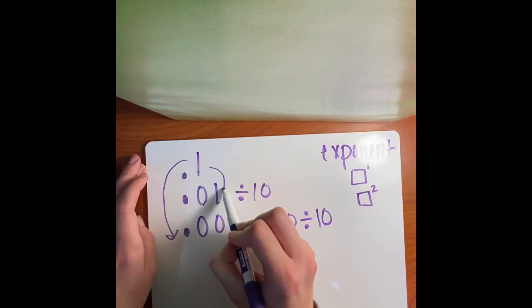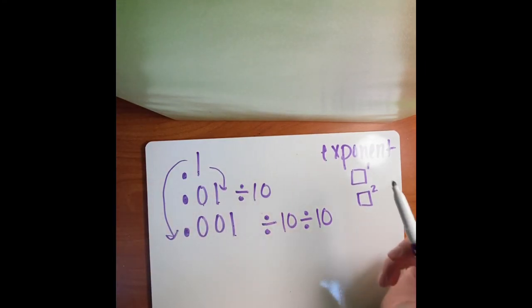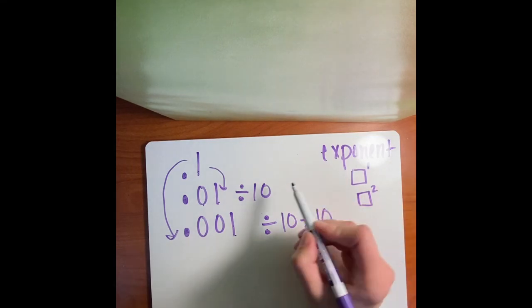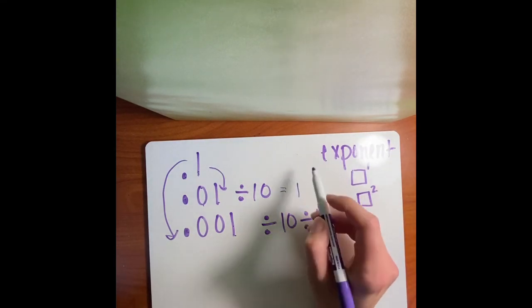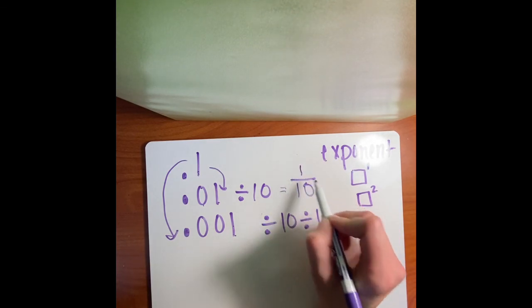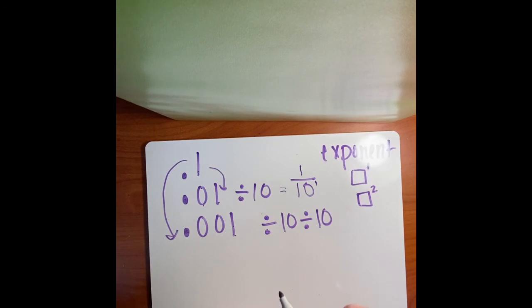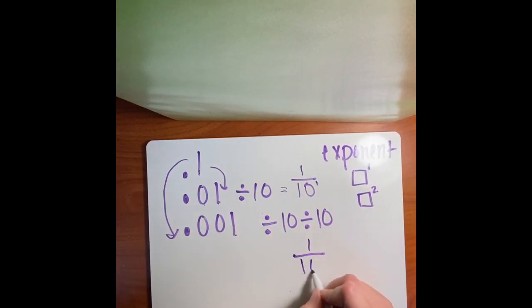And to get from here to here, we divided it by 10 one time. So this can be written as 1 divided by 10 to the first power. And this one can be written as 1 divided by 10 to the second power.